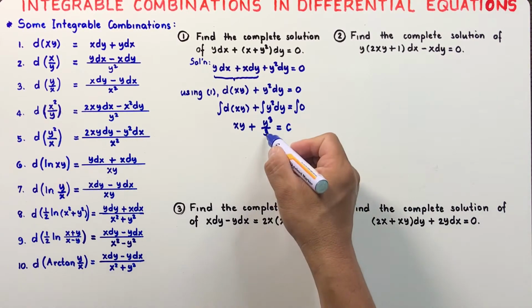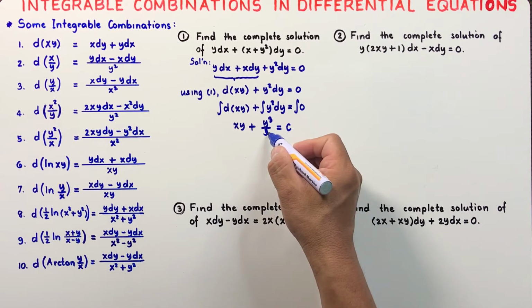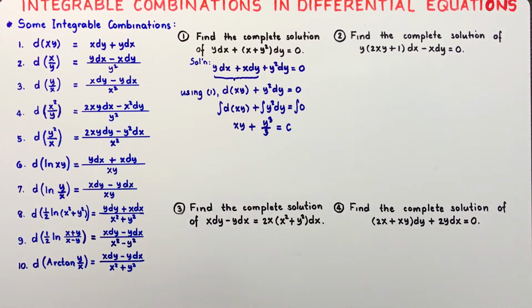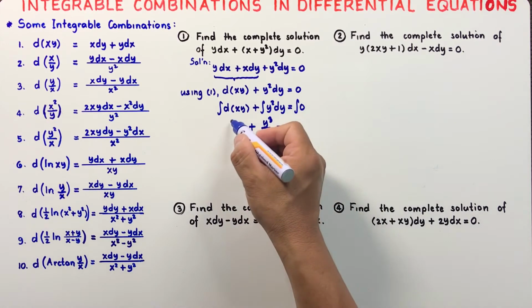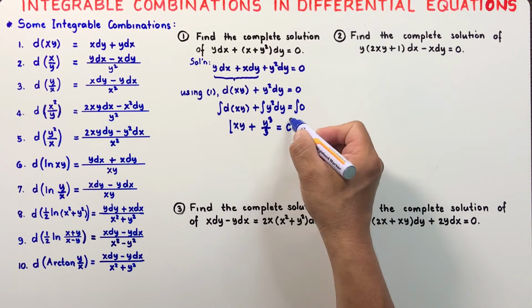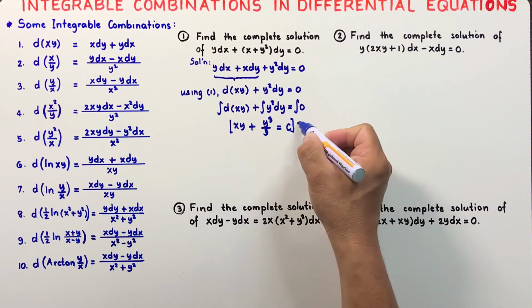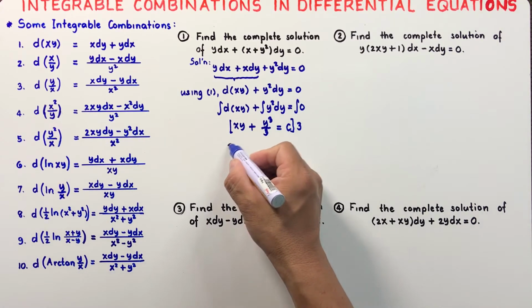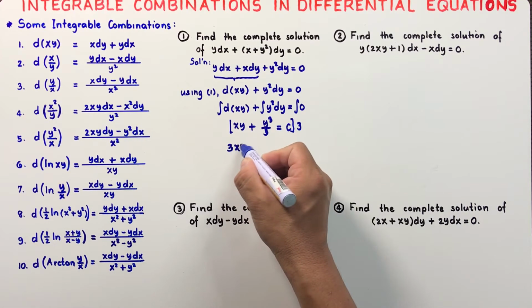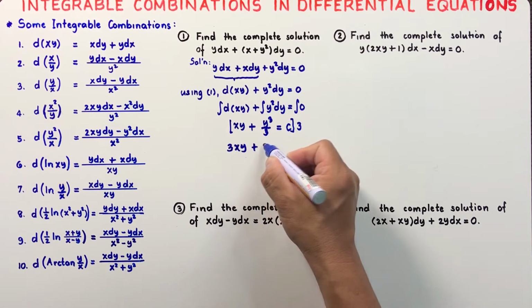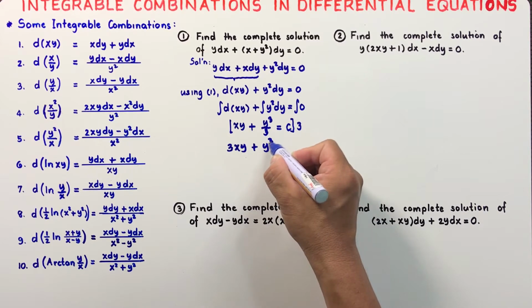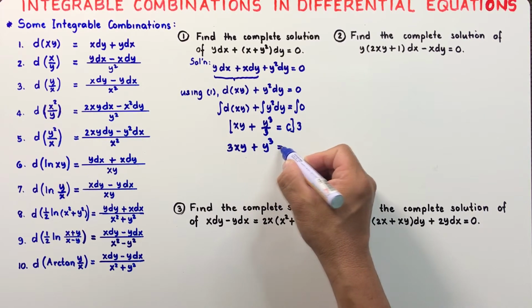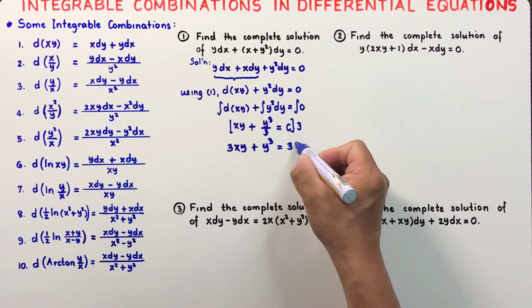And to eliminate this 3 in the denominator of y cubed, we need to multiply both sides of the equation by 3. So multiplying 3 to both sides of the equation will give us 3xy plus y cubed, which is equal to 3c.